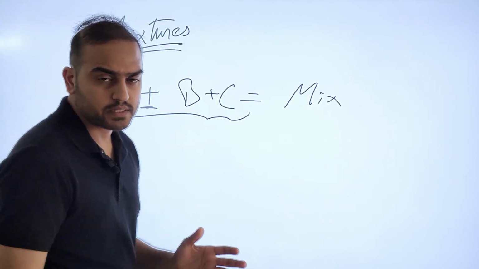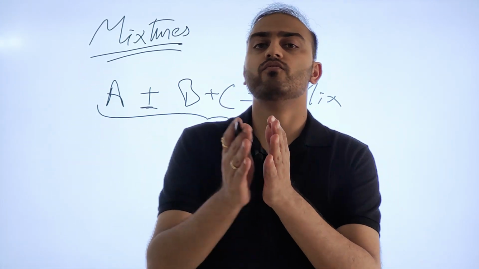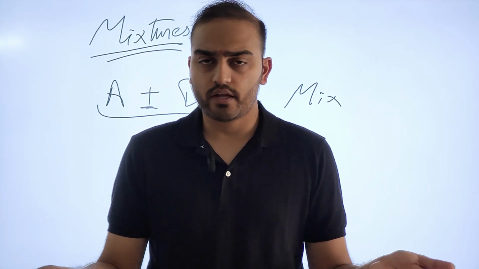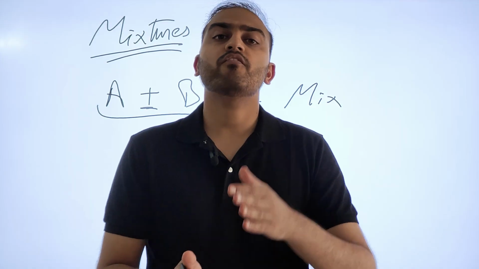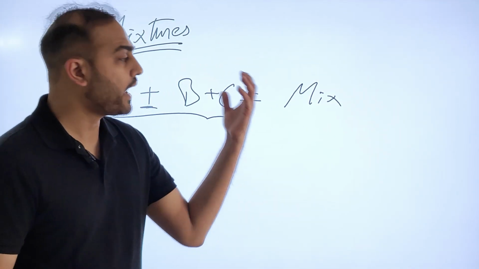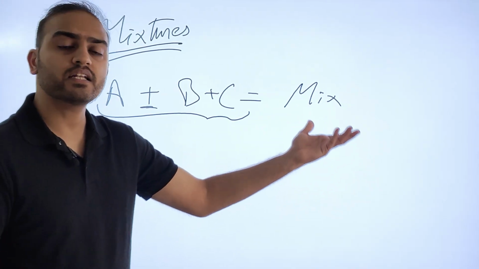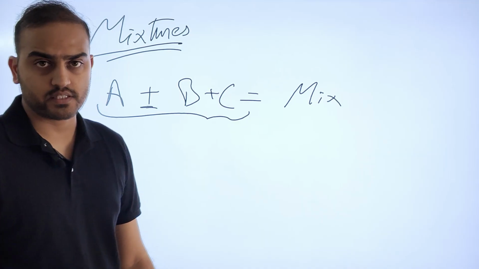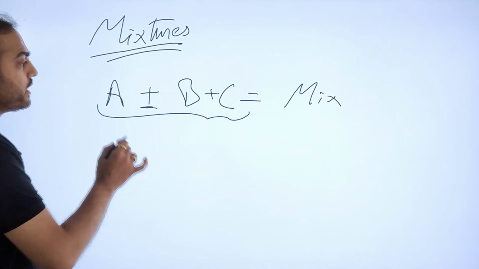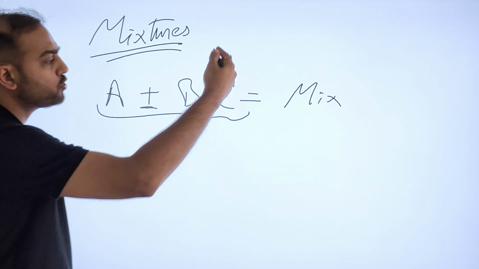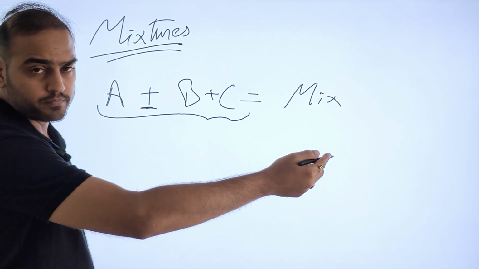So a mixture is simply one element, could be a mixture, could be a compound, could be an alloy, whatever, and then we add or subtract other elements to it and we end up with a final resultant mixture. I hope that makes sense. So in a mixture, we just add or subtract multiple elements or mixtures to get a final resultant.